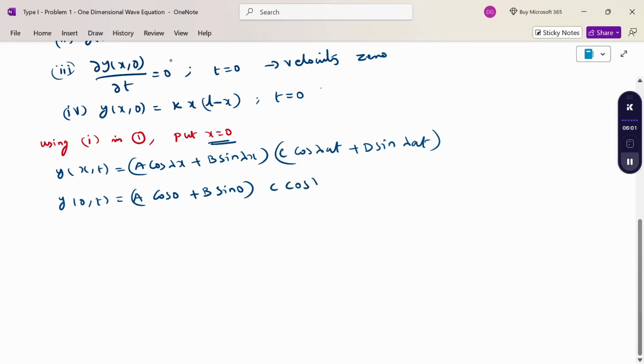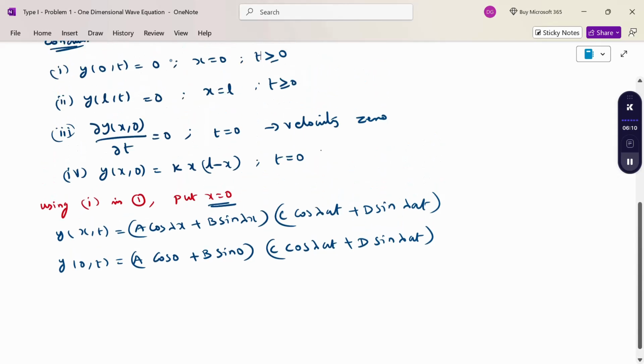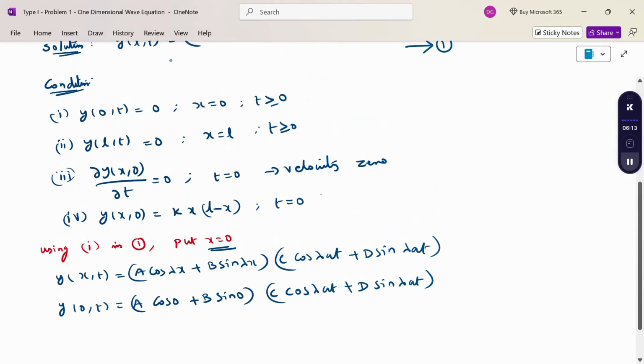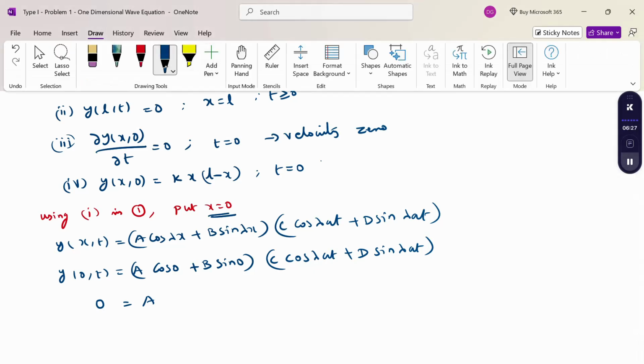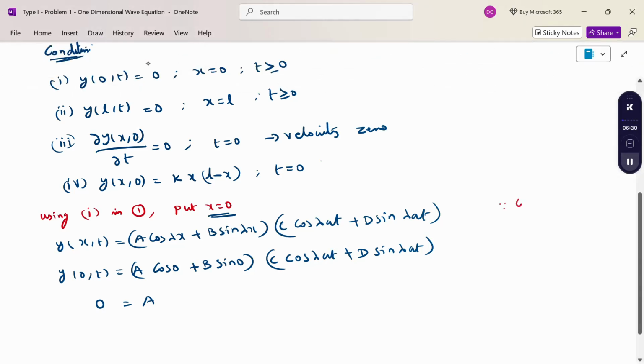Now see the boundary condition: the left-hand side value y(0,t) is 0. Therefore 0 equals A into cos 0. Cos 0 value is 1. Sin 0 is 0.